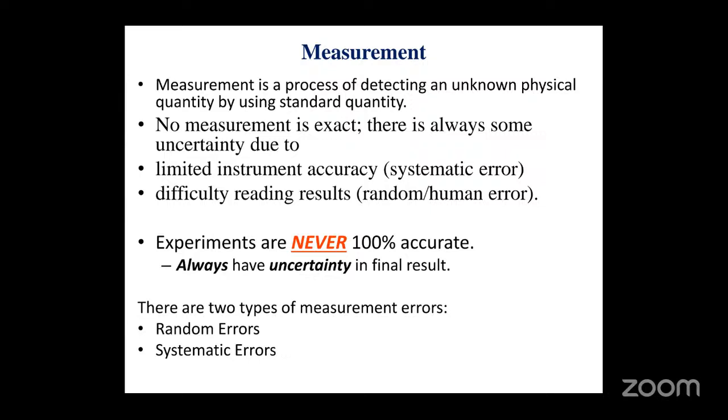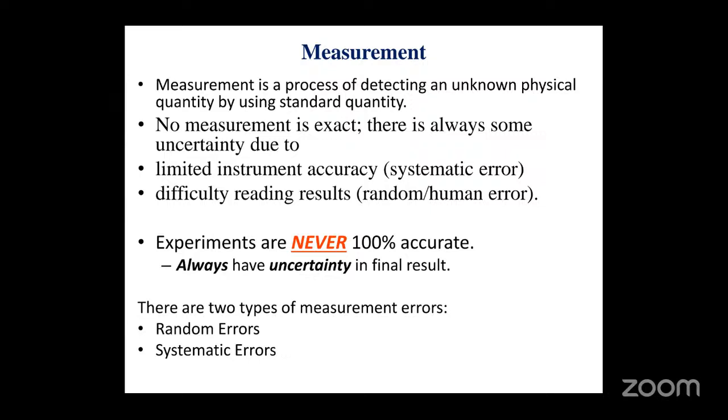Now, we should also know that no measurement is exact. There is always some uncertainty due to, one, limited instrument accuracy, which is classified as systematic error, or difficulty reading results by the experimenter, which is classified as random or human error. So whenever we make a measurement, either of these two errors may occur.